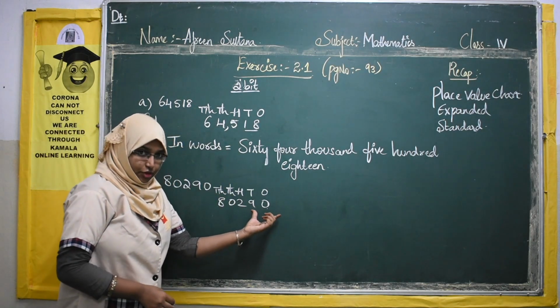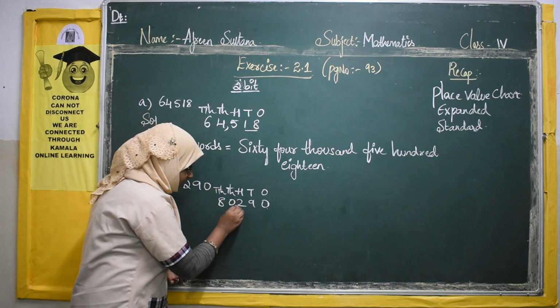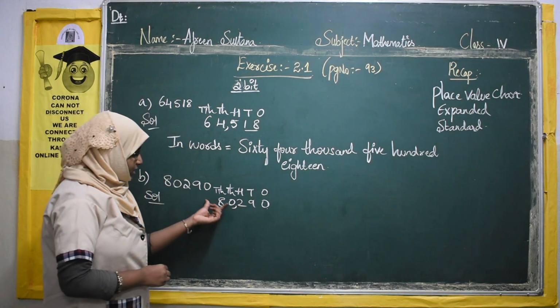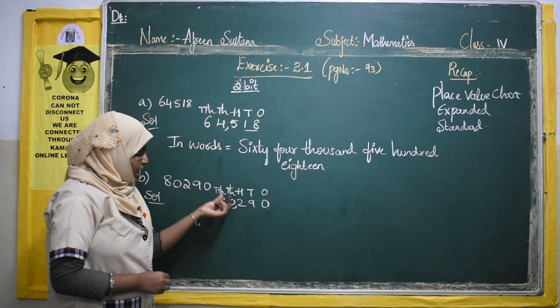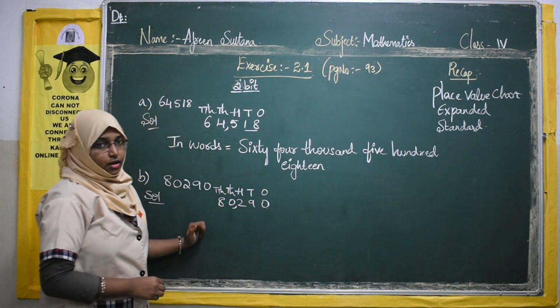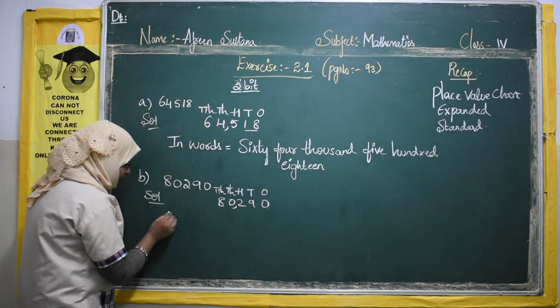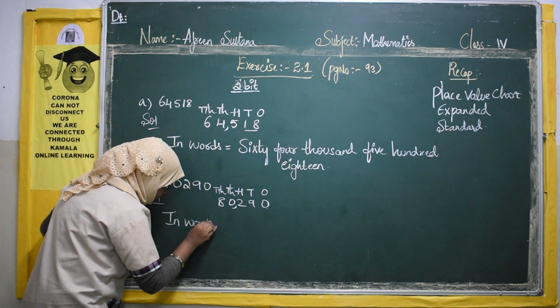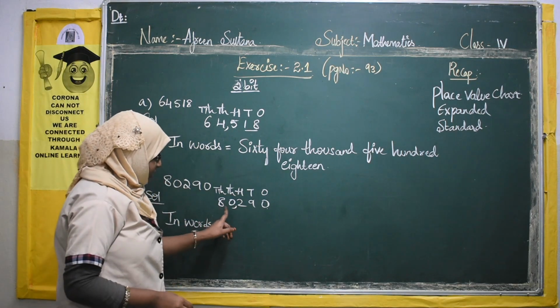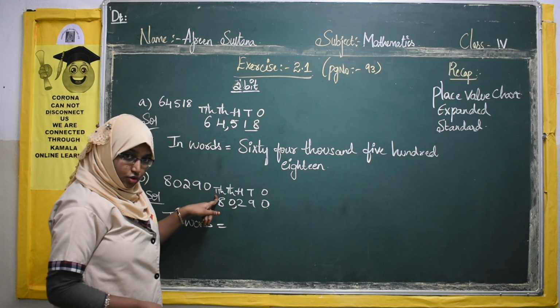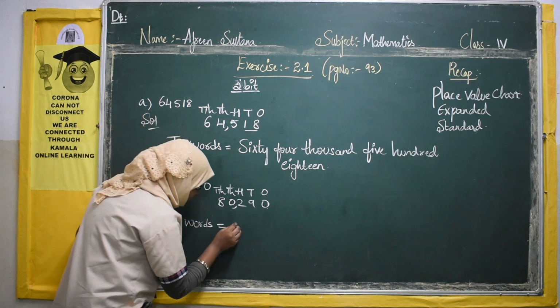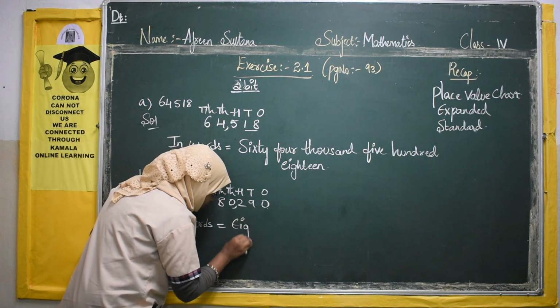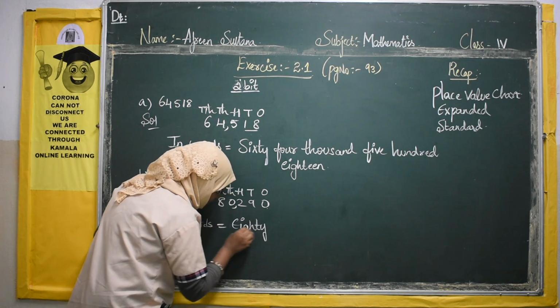Now how will we place the comma? After the first 3 digits we will place a comma. That is, 80 goes in thousands row and 290 goes under ones row. Now how will we write? We will write in words, that is number names. Now 8 in the 10,000 place means 80,000.